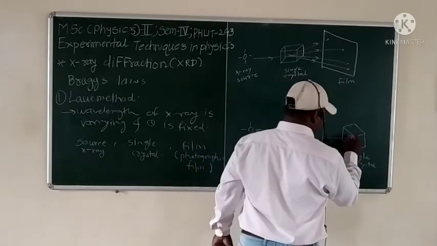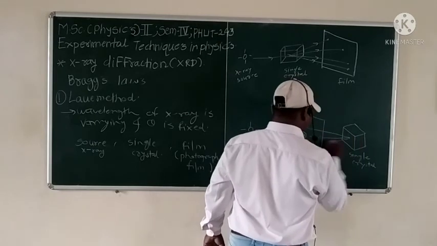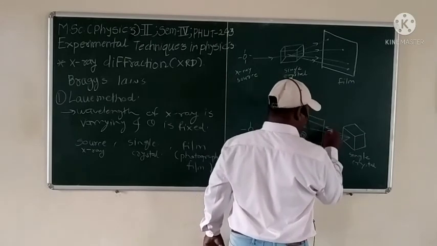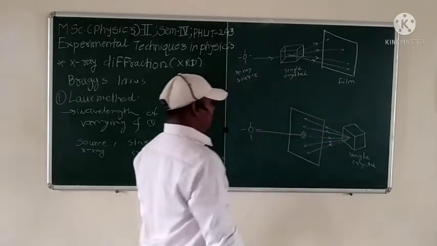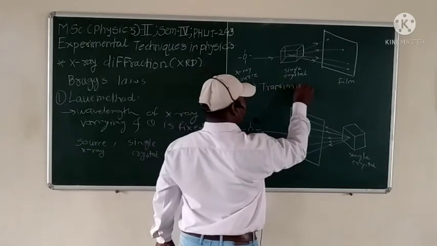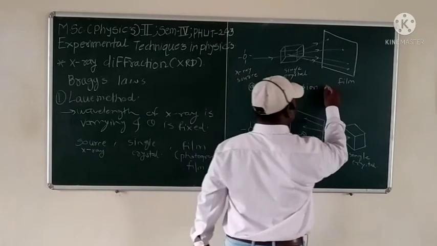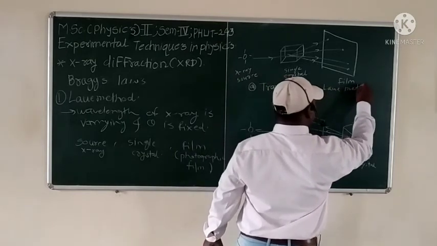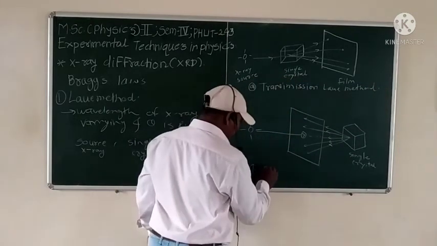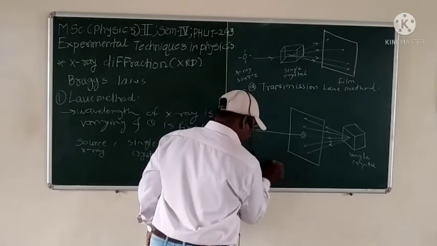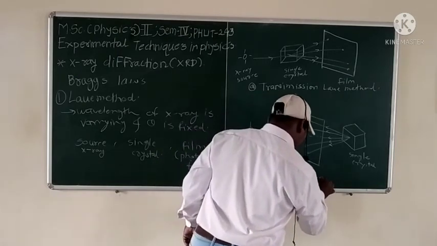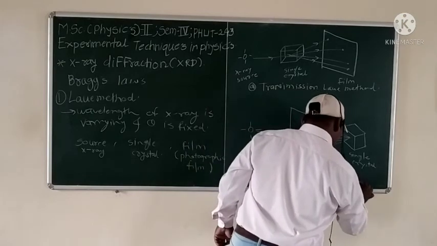It gets reflected back onto the film. So this figure is called figure A, the transmission Laue method, and this arrangement is called the back reflection Laue method.